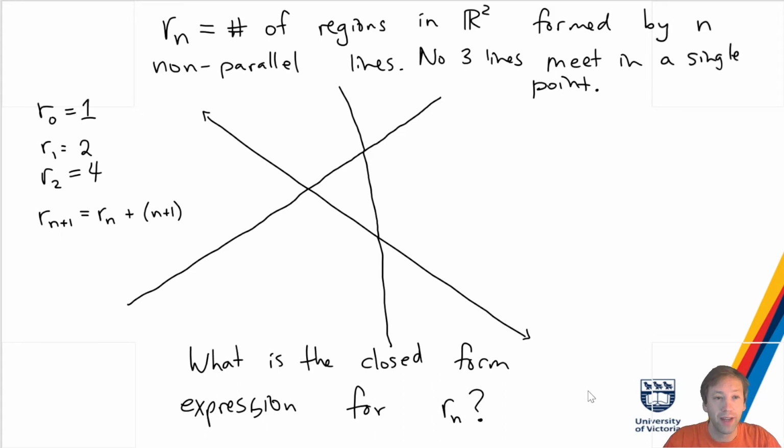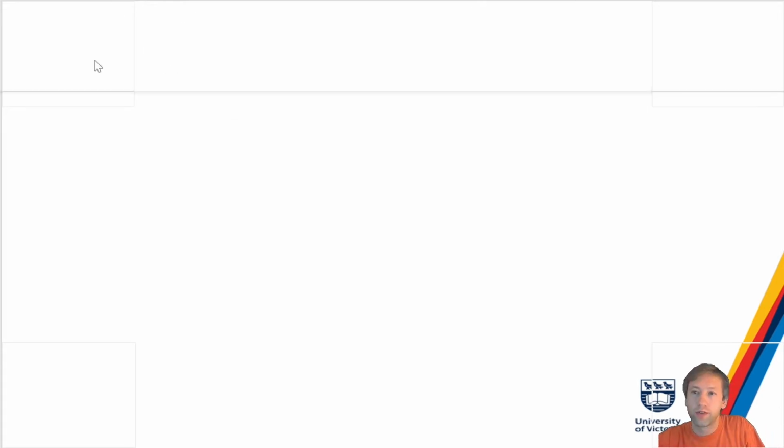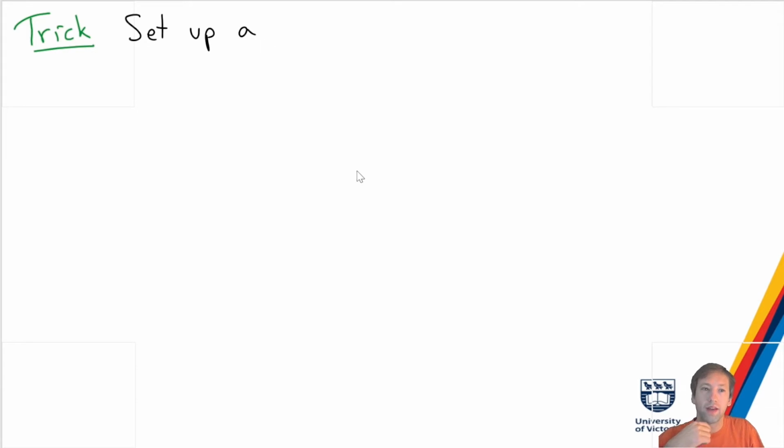And then we're going to look at other recurrence relations, which can also be solved with this trick. So the trick for doing this is going to be to set up a telescoping sum.